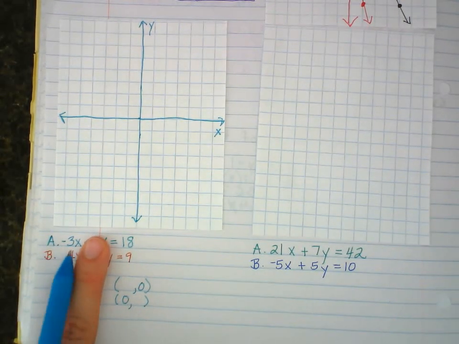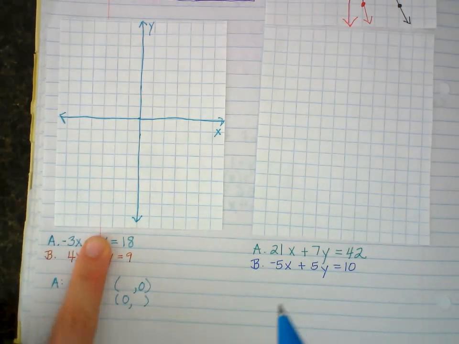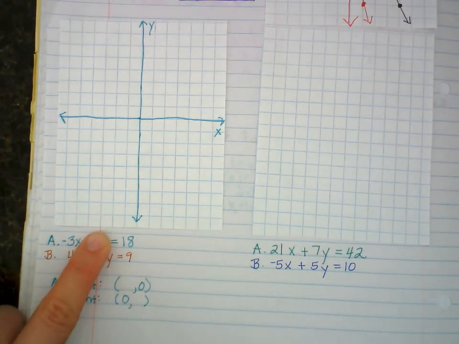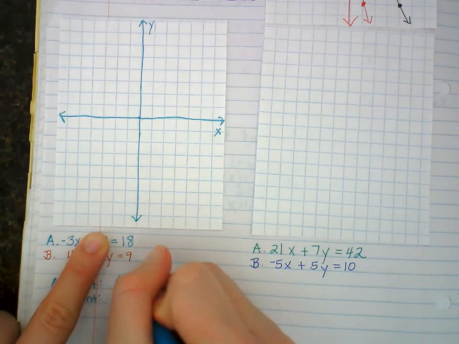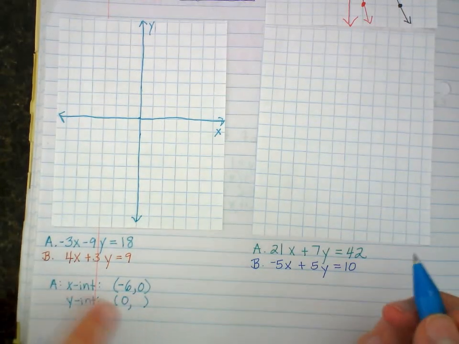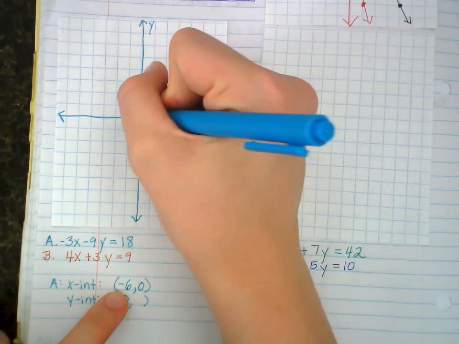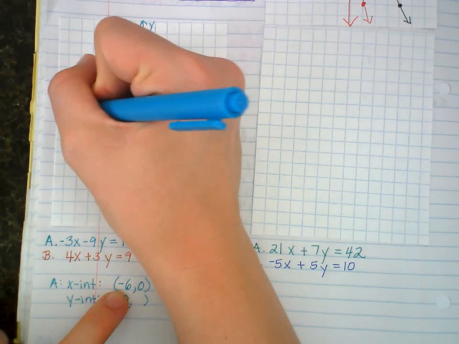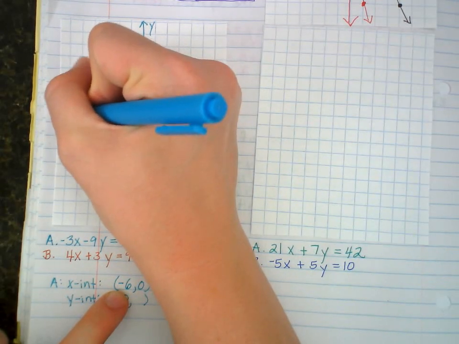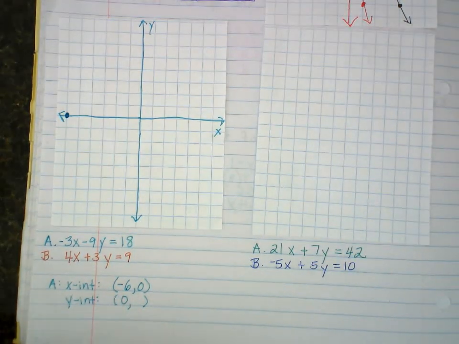Negative 3 times what number equals 18? Negative 6. So our x-intercept is at negative 6. 1, 2, 3, 4, 5, 6. Negative 6, 0. We're on the x-axis.